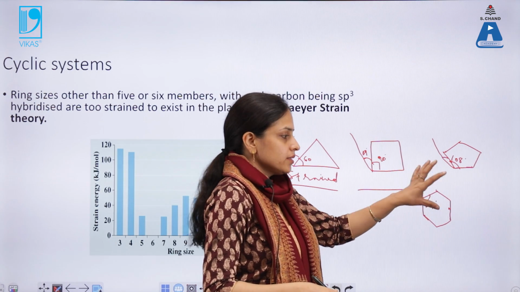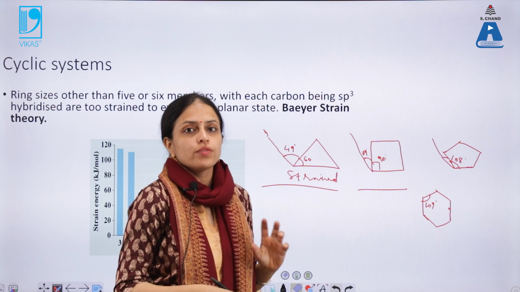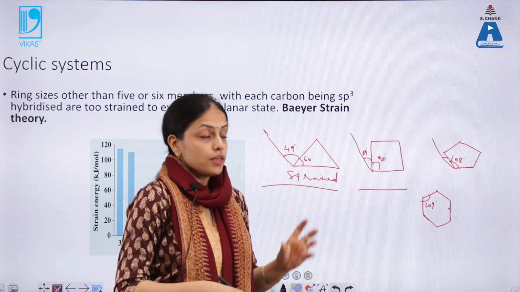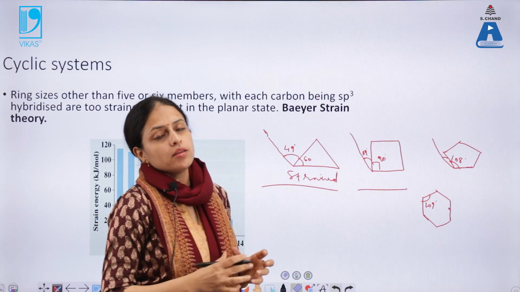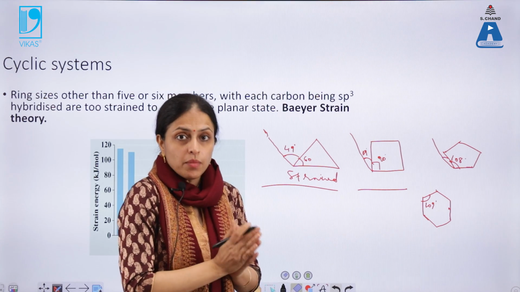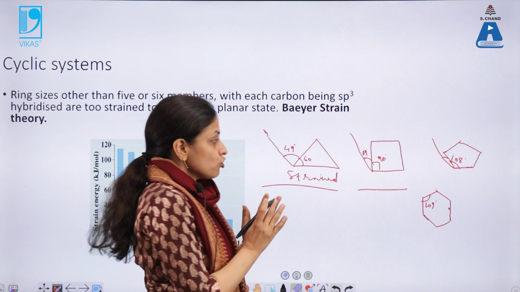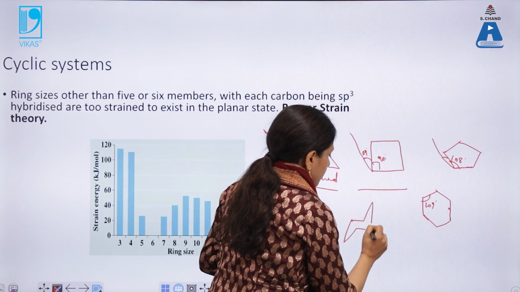So cyclohexane is mostly free of torsional strain or any sort of angle strain because it undergoes some sort of puckering. Unless the ring system undergoes puckering, it will always have some sort of angle strain. So the cyclohexane molecule exists in the puckered state.